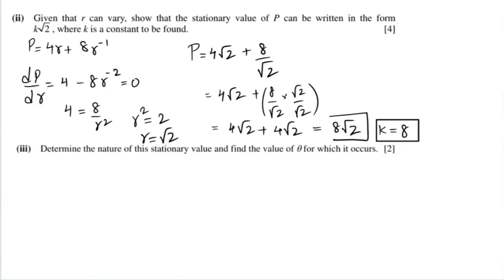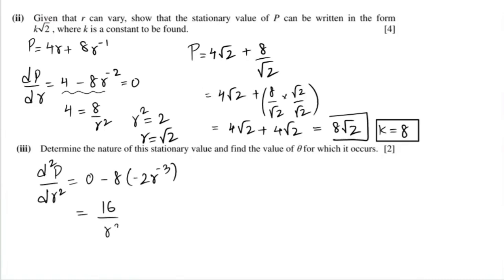Part 3. Determine the nature of this stationary value and find the value of theta for which it occurs. So in order to find the nature, you re-differentiate, you find the double derivative, and you need to differentiate this thing again. This will be 0 minus 8 times negative 2 r to the negative 3. So let's write it as 16 over r cubed.